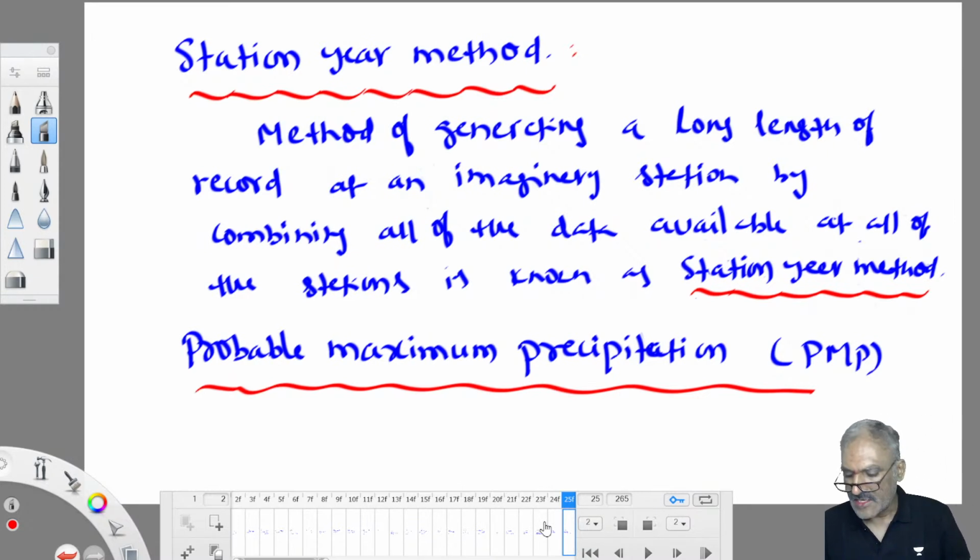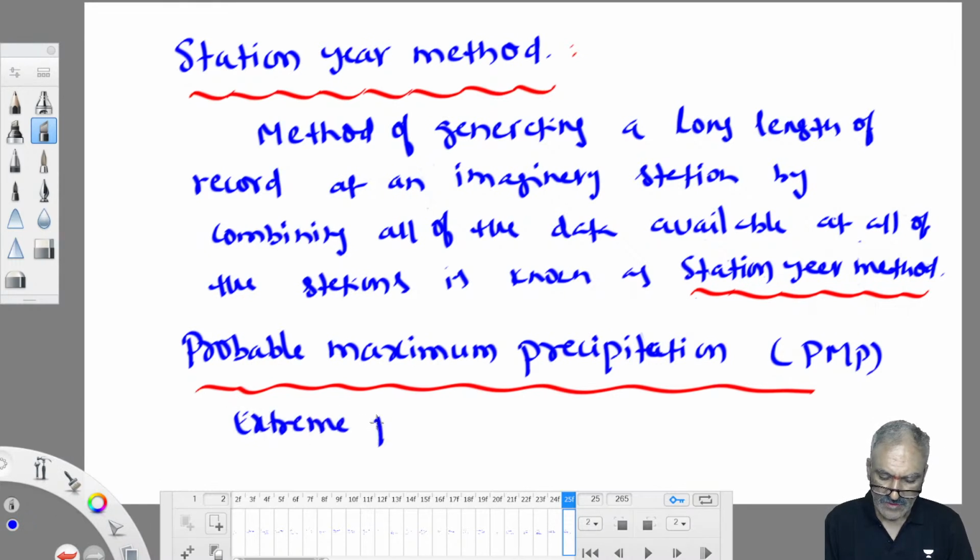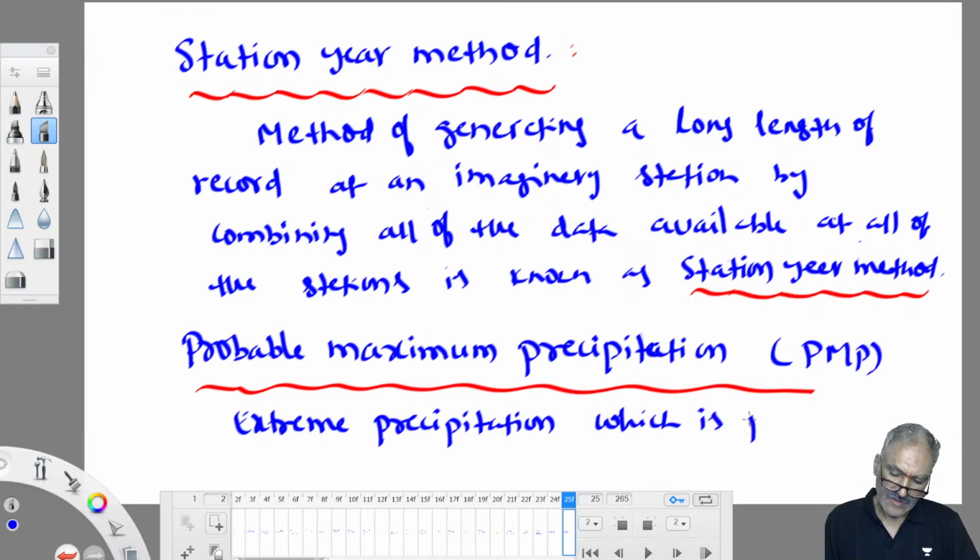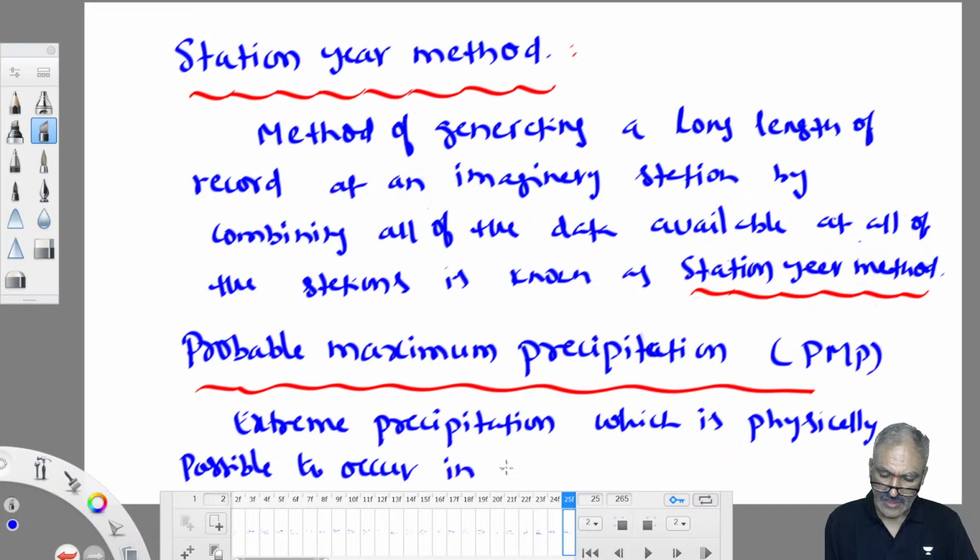It is not an imaginary thing, it is very much physically possible to occur in a catchment.